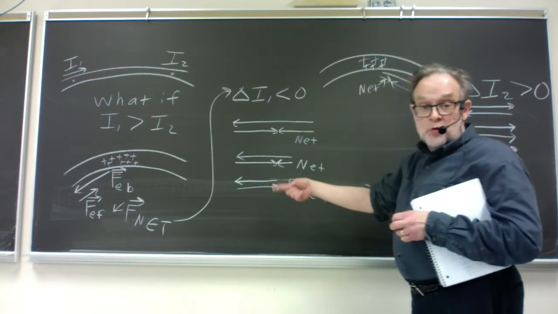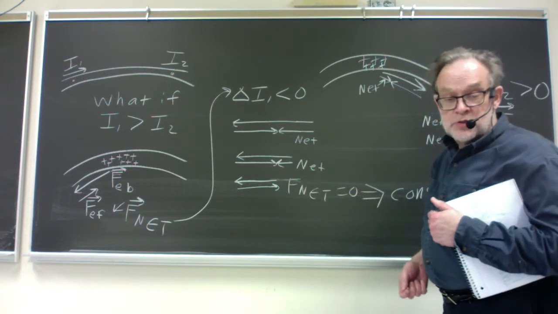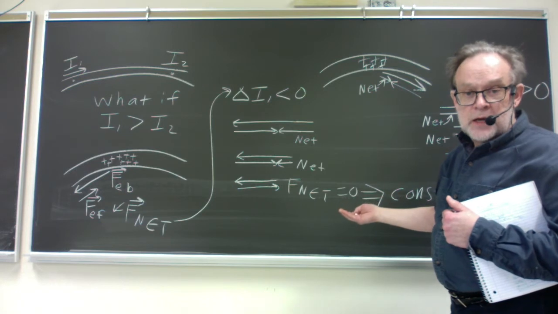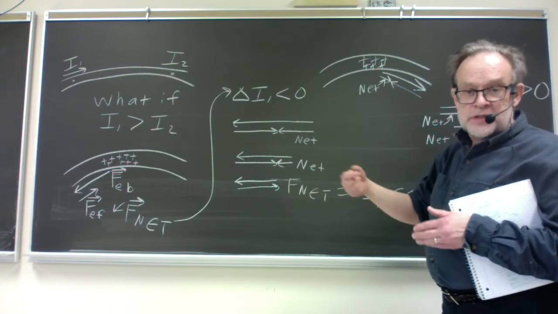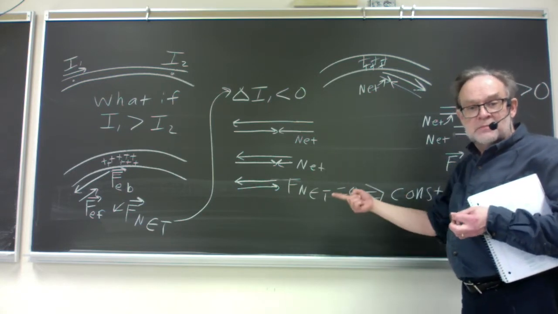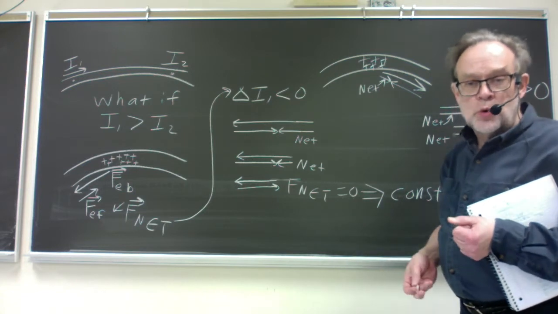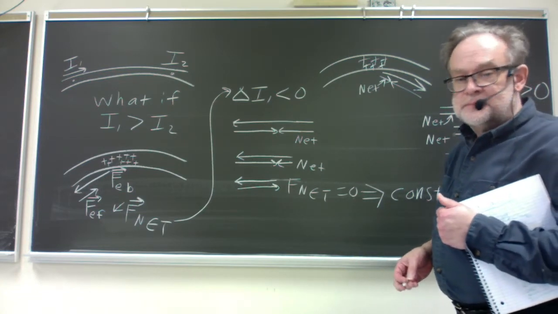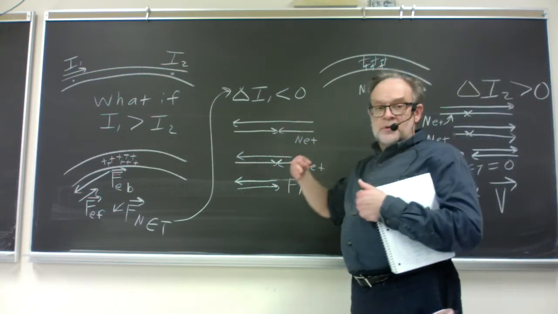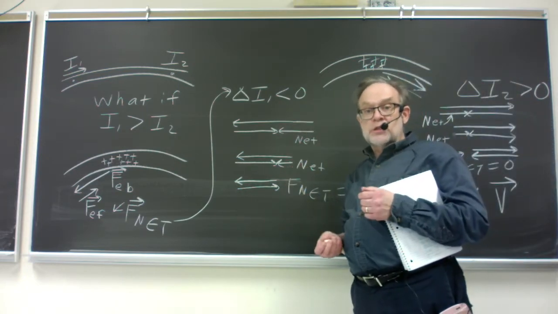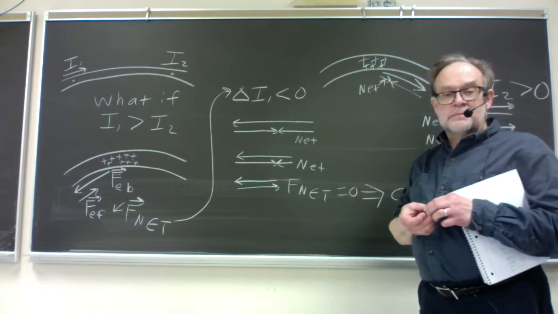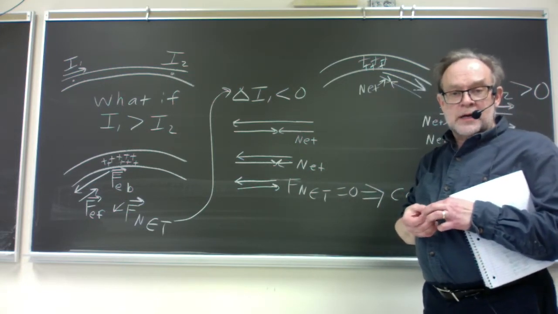Backward force and forward force are the same strength. They cancel each other out, so the net force is 0. So at that point, all the charged particles now have a constant velocity. No net force means no acceleration, so constant velocity. In other words, I1 stops decreasing, and something similar will happen to I2.